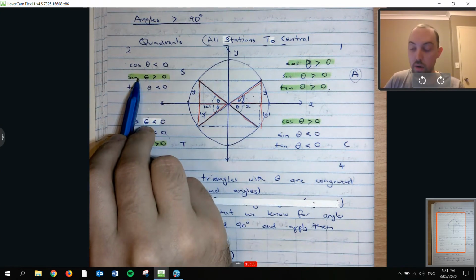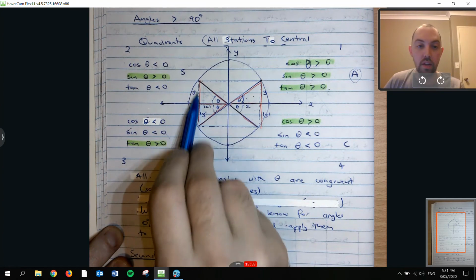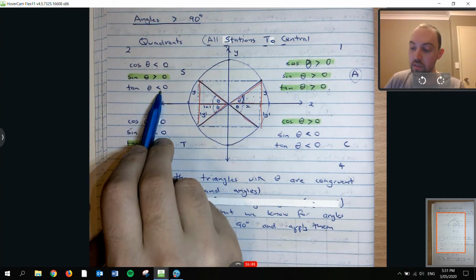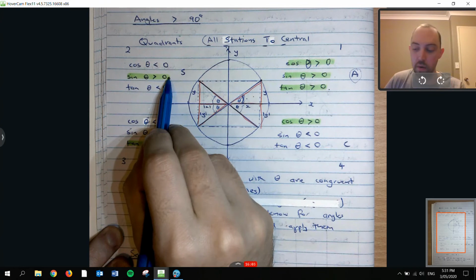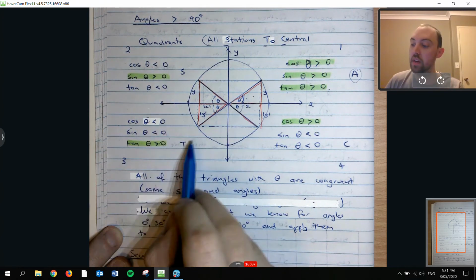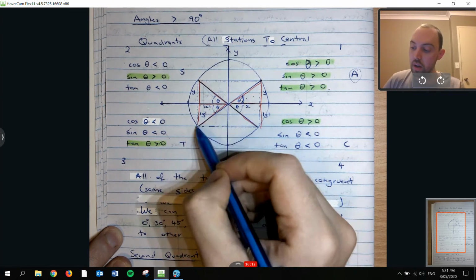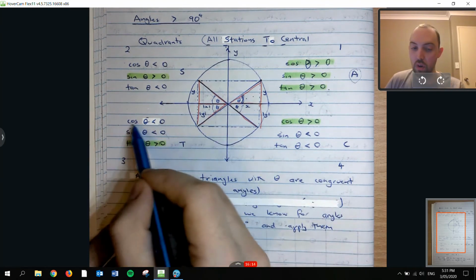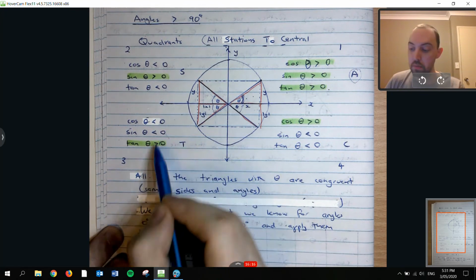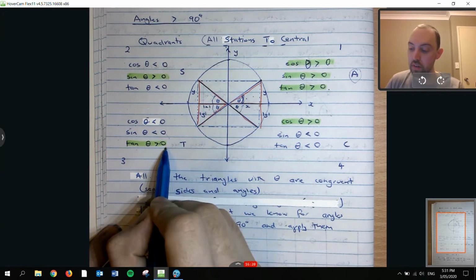Sine is positive because we're still above the x-axis. And tan is negative because positive divided by a negative is a negative. Whereas in the next one, both x and y are negative, so cos and sine are both negative. But tan, negative divided by a negative, is a positive.